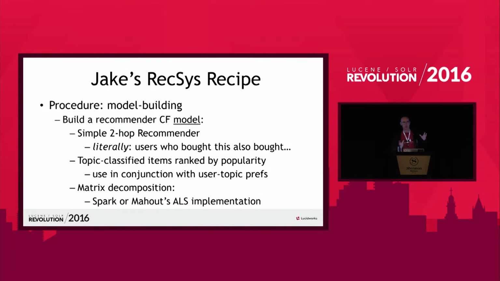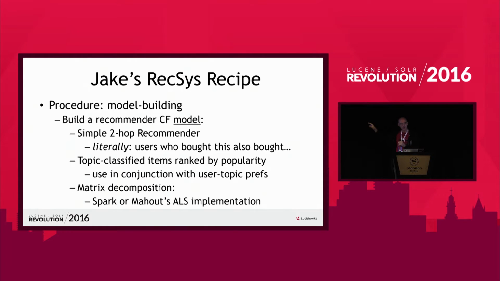Okay, so we've got preferences. We've got some item similarities based on content. We need to build some models. The kinds of models, as we talked about earlier, come in a whole different set of kinds. I would focus on the first and the third.